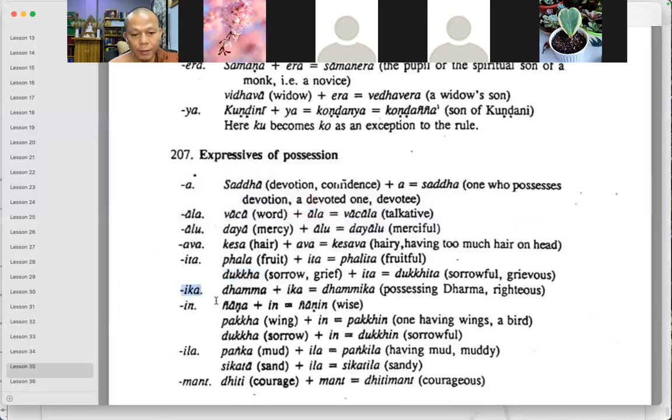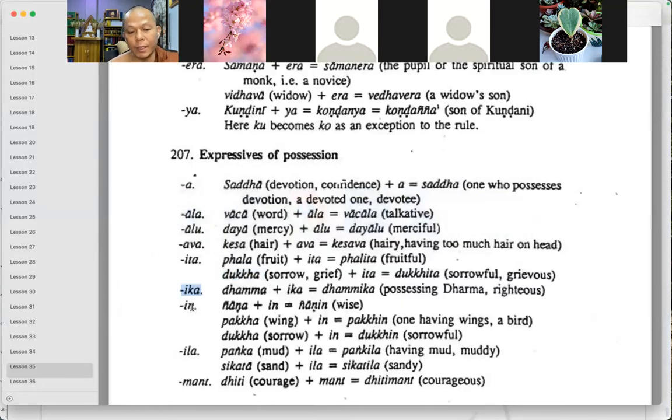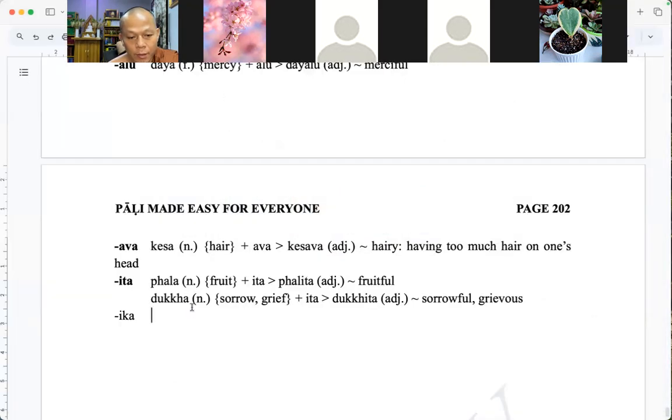So here ika, like dhammika or sangika. So in this way, dhamma plus ika, possessing dharma or righteous. Dhamma is masculine, we already know that.